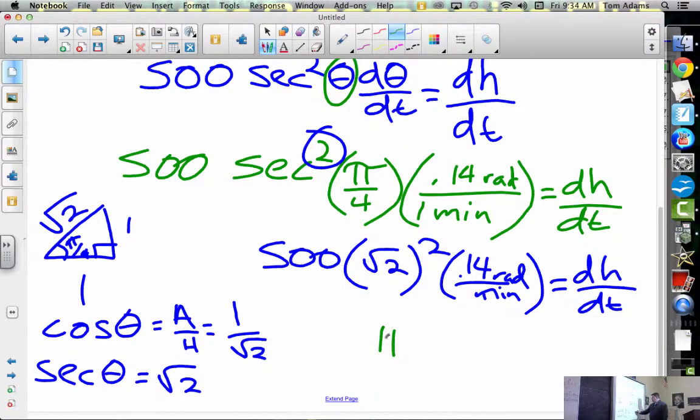It's 140 radians per minute, right? Somewhere we've got to cancel out the radians. Oh, from the 500 feet. Where did the radians cancel out from, though? Is it pi over 4? So yeah, somewhere it cancels out. But yeah, it's 140 feet.